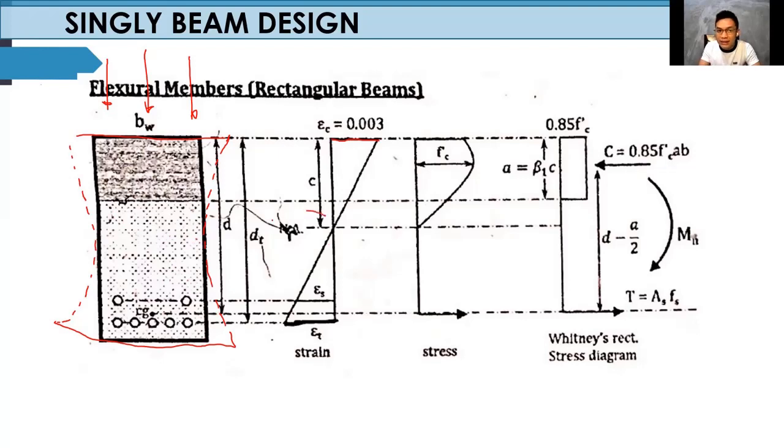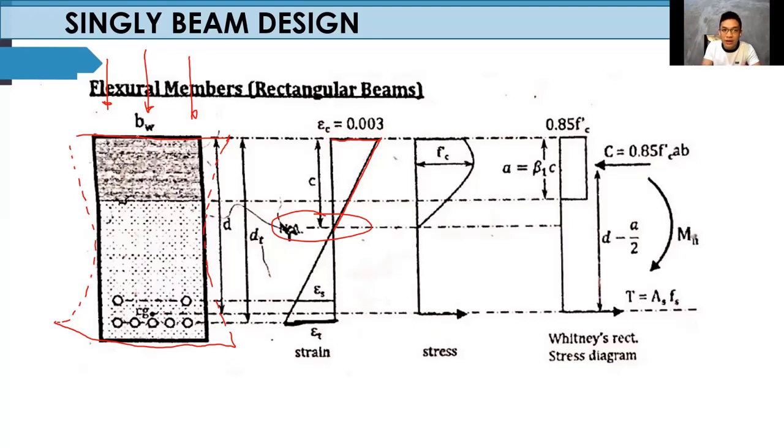So therefore, pag itatanong sa inyo, what is the strain in the neutral axis of our beam, that is 0. So as you can see, 0 siya sa gitna, then lumalaki siya as it goes upward or sa ating outermost na fiber. What is fiber?